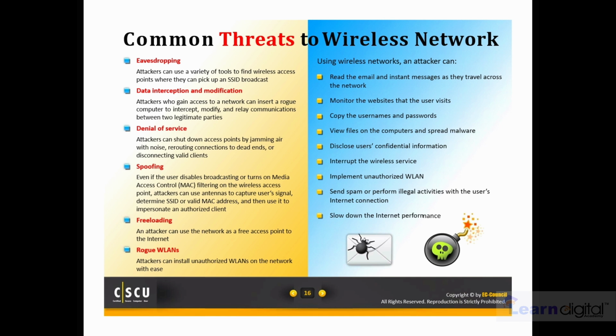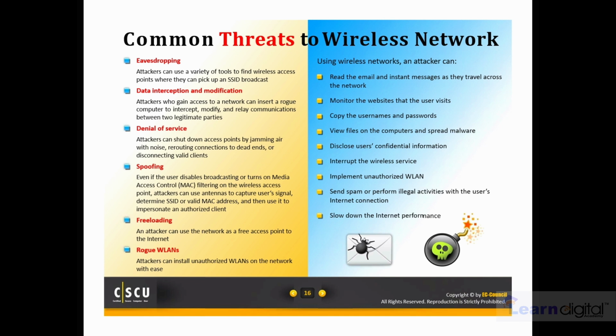Then freeloading is there. An attacker can use the network as a free access point to the internet. And then rogue WLAN. That means attackers can install unauthorized WLANs on the network with ease.